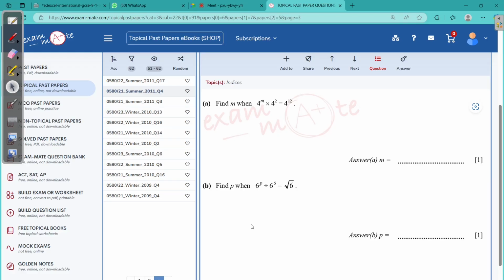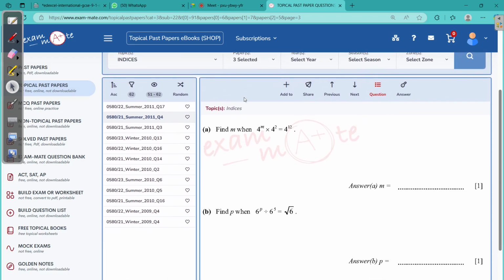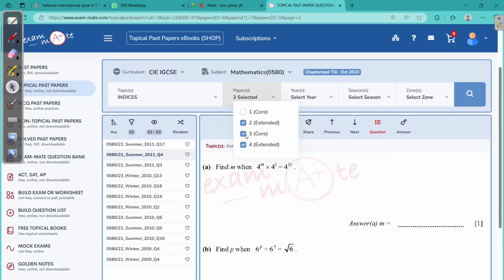So it was 6P divided by 6.5 is equal to... the P is equal to 4.5, right? Sure. Wait, oh, wait, 5.5. Okay. Let me change something.